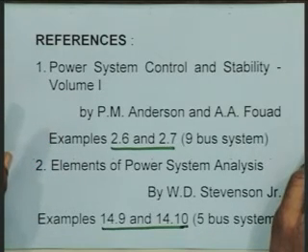Now, once the model is obtained and you solve the set of coupled swing equations, you will get the swing curves. The swing curves are plotted as delta 1, delta 2, delta 3 as a function of time.